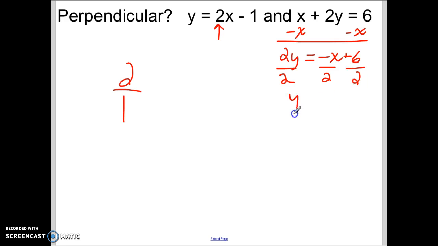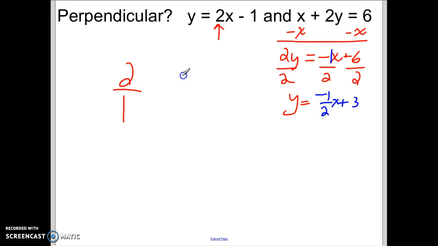The equation would be y equals, now I have a negative, but remember, there is an invisible 1 in front of the x, so it's going to be -1/2 x, and it's going to be plus 3, 6 divided by 2. The slope of this line is -1/2.